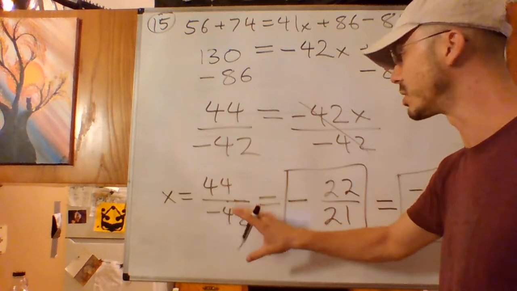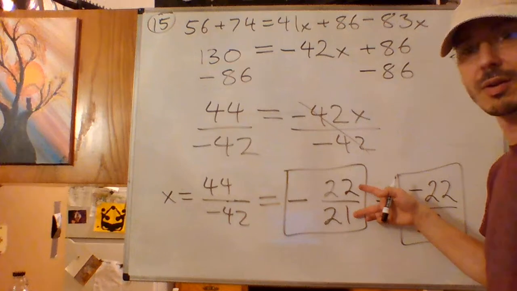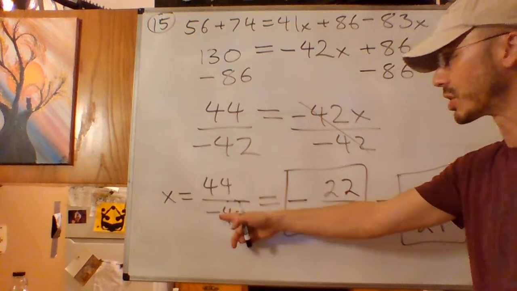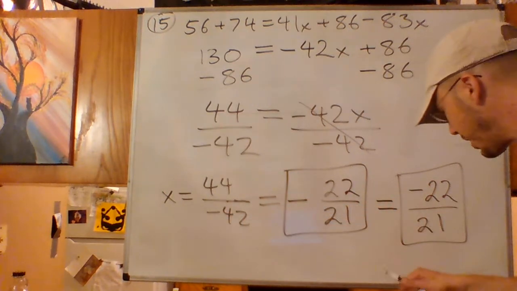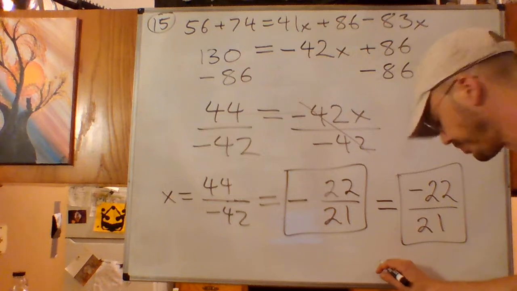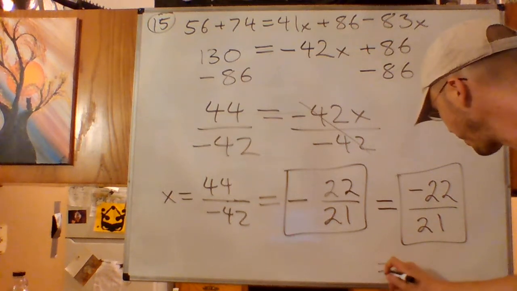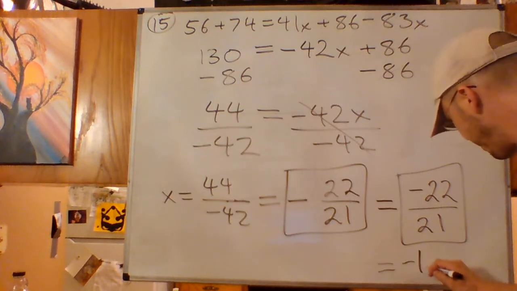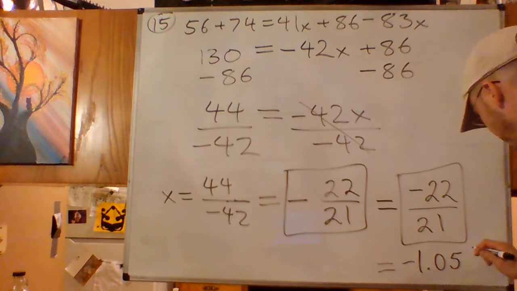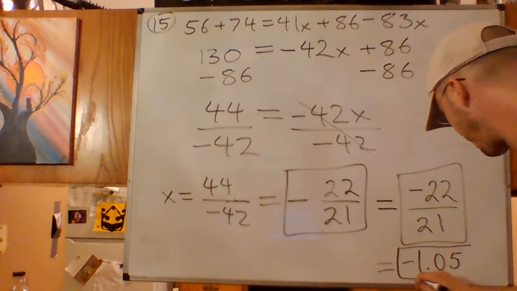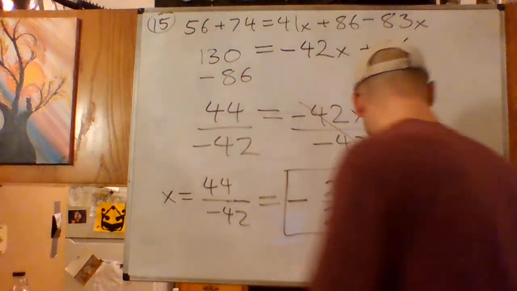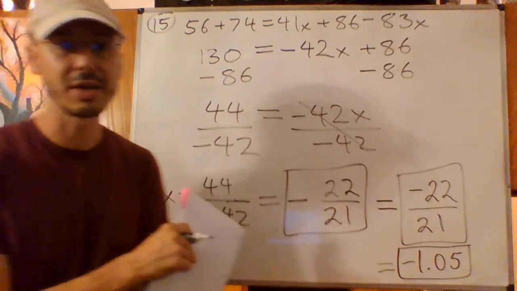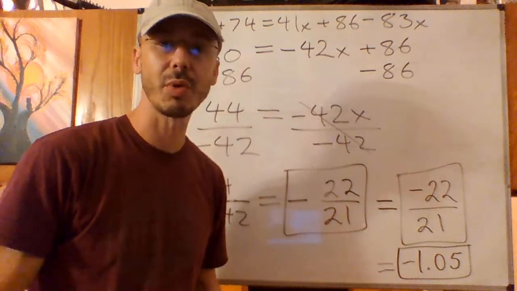So you need to do not just the removing common factor, but also putting that negative somewhere else. And with this problem, you can put it as a decimal rounded to 2 digits as negative 1.05.